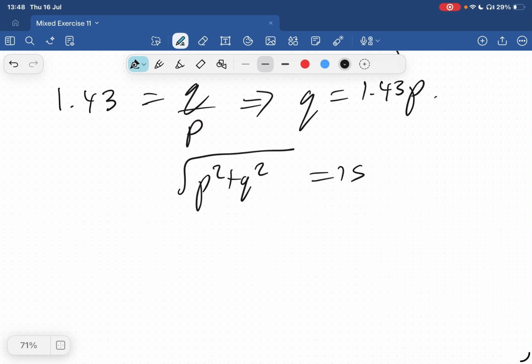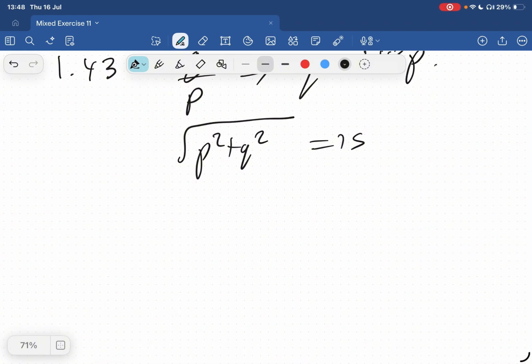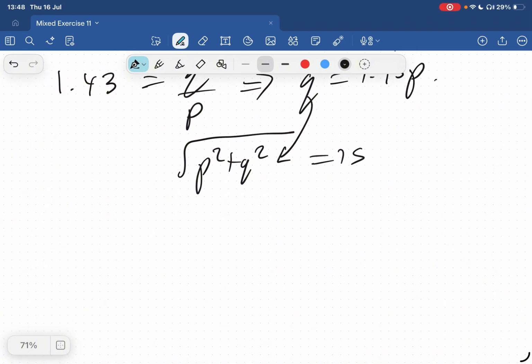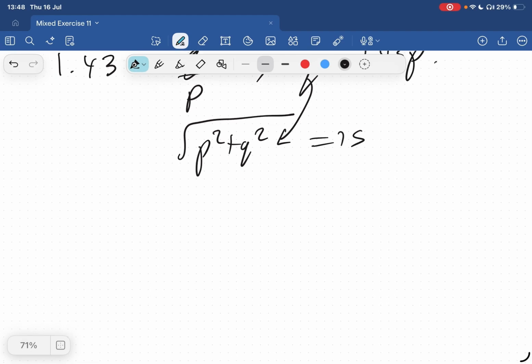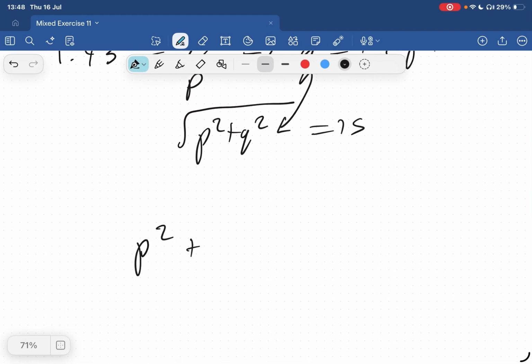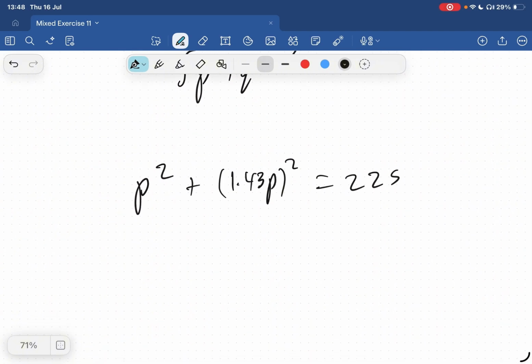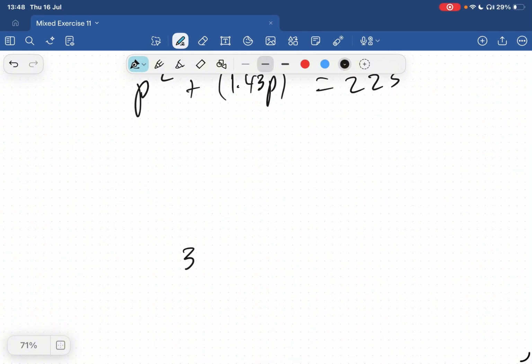Now let's solve for P. We're going to sub in what we have as Q, and we're going to get rid of this square root, so P squared plus 1.43P squared equals 225. Now we're going to square 1.43. 1.43 squared is 2.0449, so we're just going to say 2.